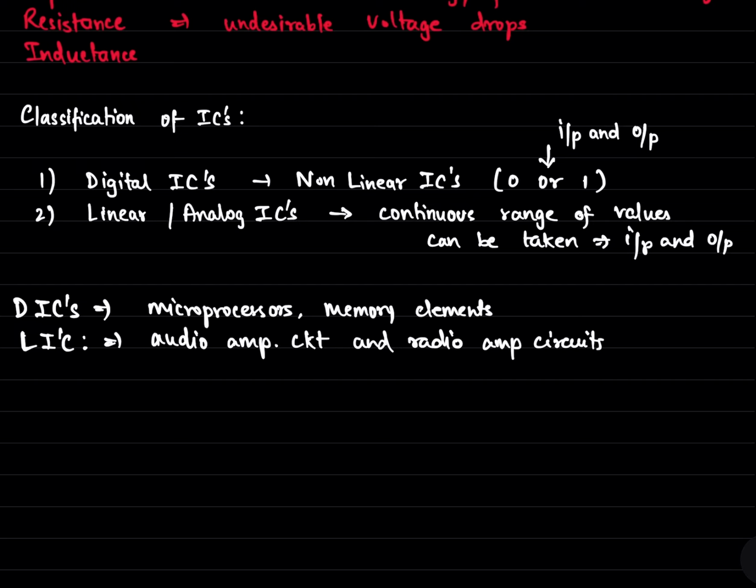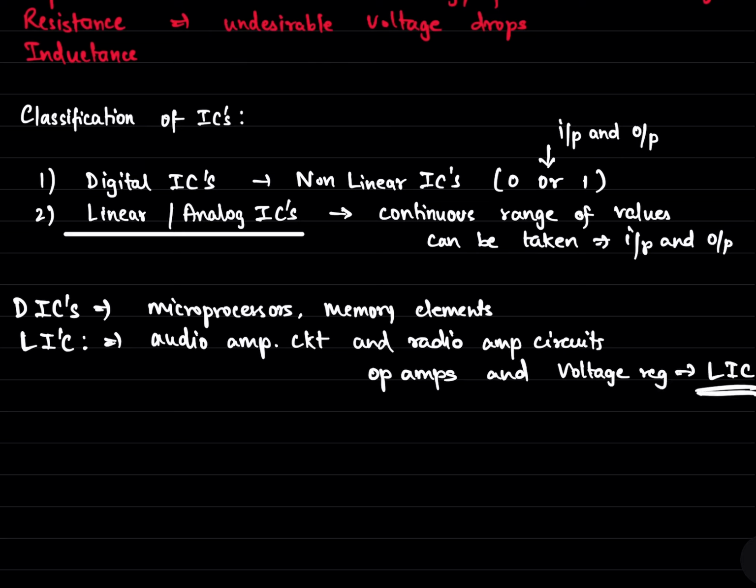Operational amplifiers, which is a very important concept we'll be seeing in the following lectures, and voltage regulators also come under linear ICs. So op amps and voltage regulators come under LIC. We are interested in LIC, we are not interested in digital ICs as of now. We will be looking only at linear ICs from now onwards.